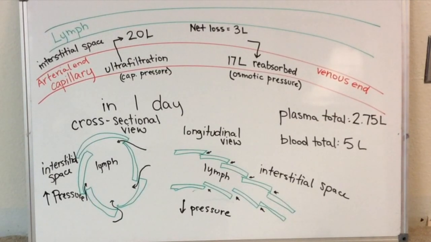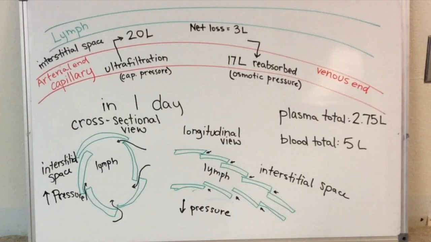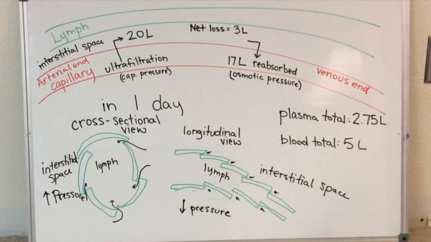This would result in more fluid being left in the interstitial space. The interstitial fluid would then exert this increased pressure on the lymphatic system and force this fluid into the lymph vessels. This is indicated by the larger arrows on the cross-sectional view.